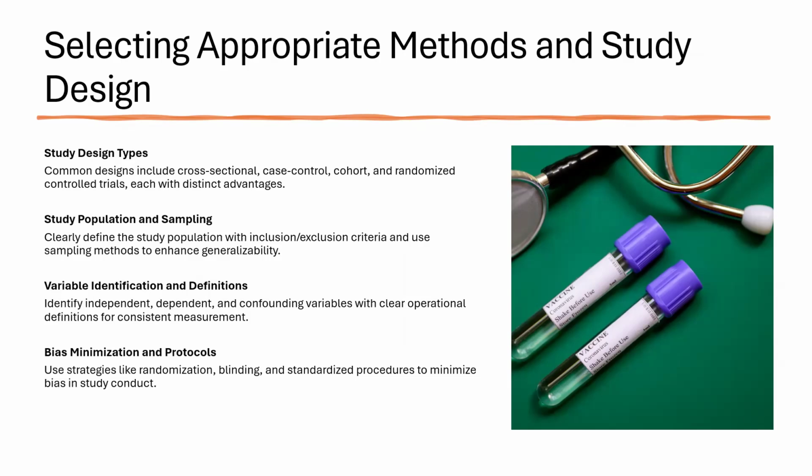Now, study population and sampling is very important. So here you have to define the study population, whom you are going to include and whom you are going to exclude. Also, what sampling methods you are going to use, how you are going to include your participants, and how you are going to approach them.